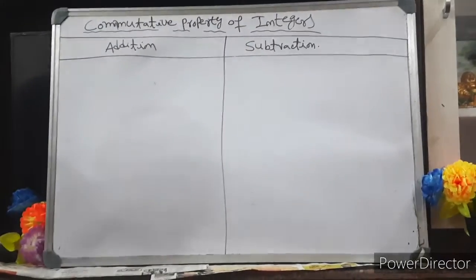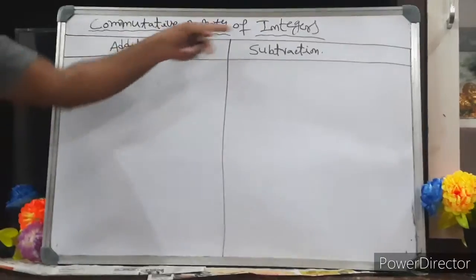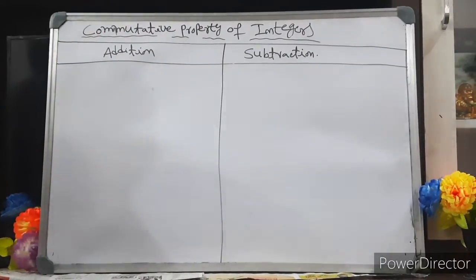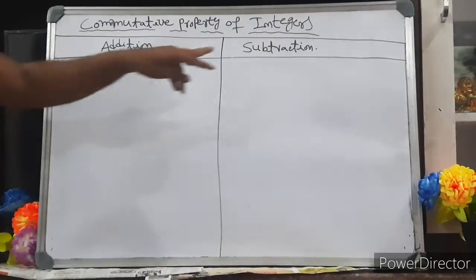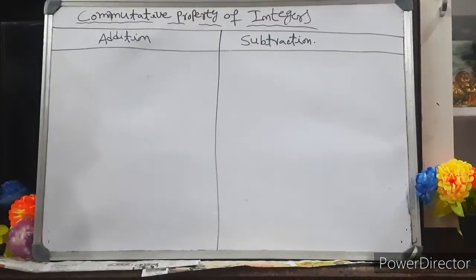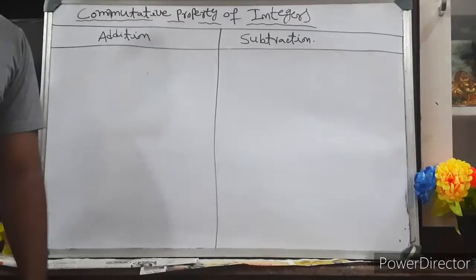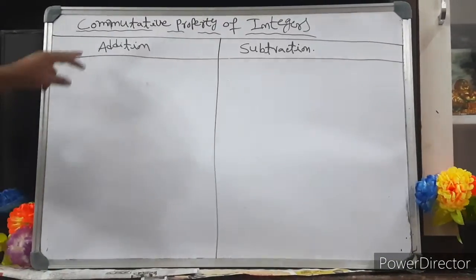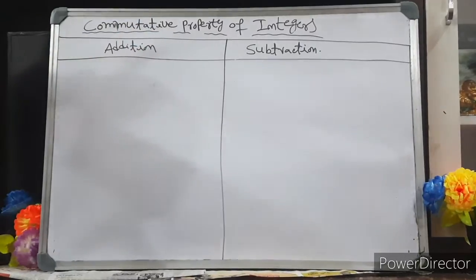Next, we have to know the commutative property of integers. This also we check under addition, under subtraction, under multiplication, and also under division. So first of all, commutative property under addition.